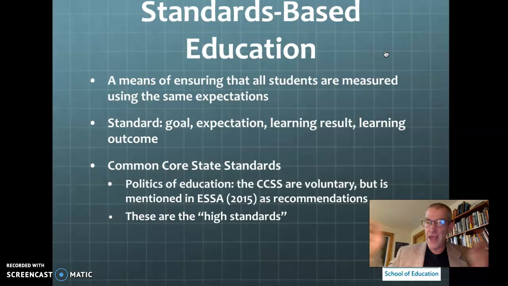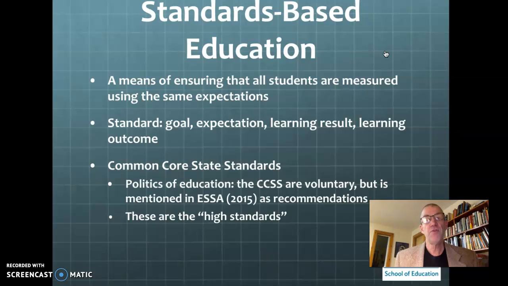So it's not an A, B, C, D sort of arrangement. It's either yes or no. And if the students haven't met those outcomes, then they are usually not allowed to progress until they have. So that's what a real live standards-based education would look like.